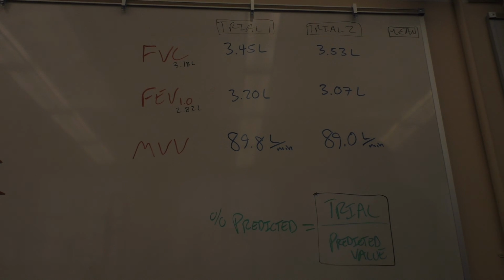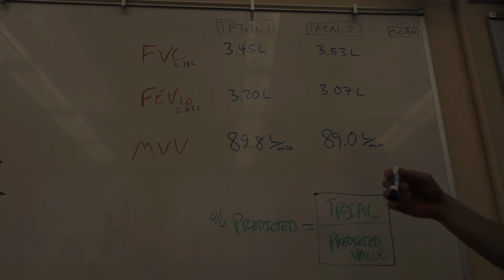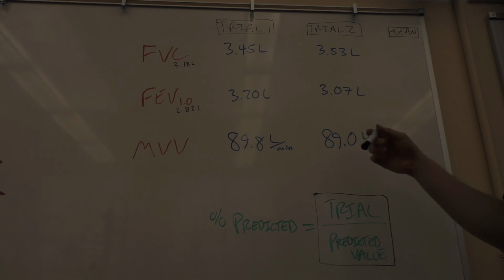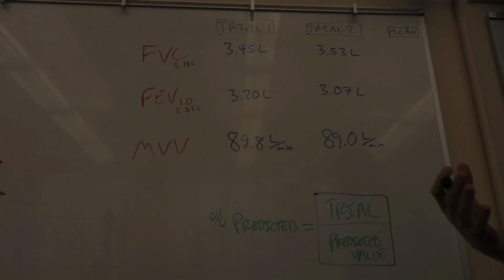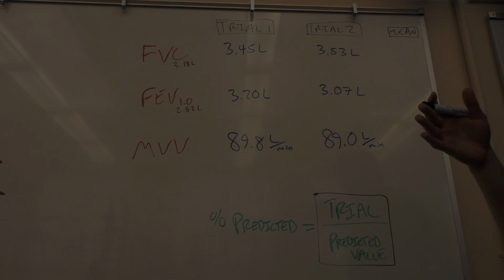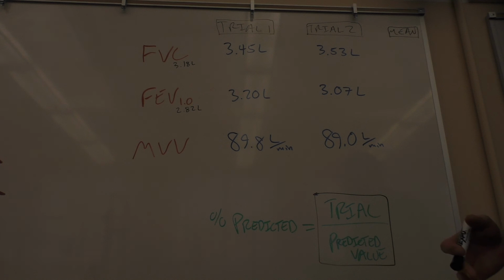As you might imagine, there are some inherent limitations with MVV, because we are assuming the volume we measured for seconds 1 through 12 is the same as the volume that we would measure for 13 through 24 and so on and so forth until 60. But we have to wonder whether or not that volume for those next 12-second increments will be the same as it was for the first 12 seconds.